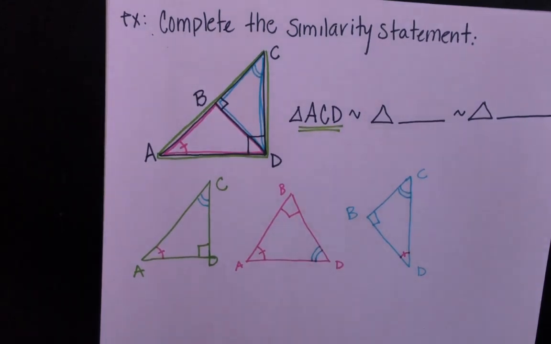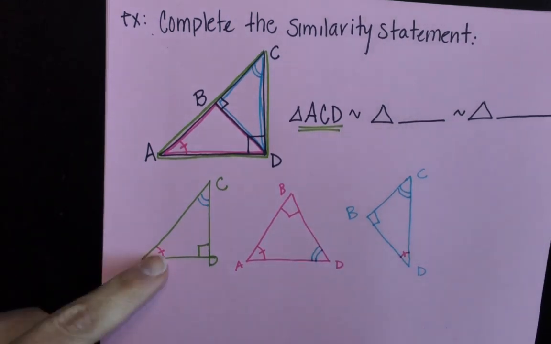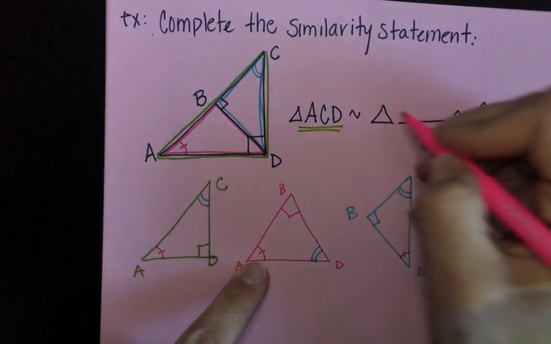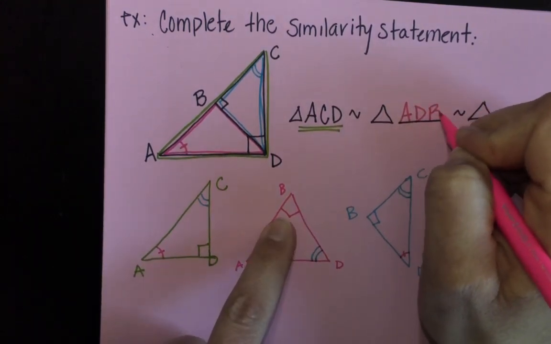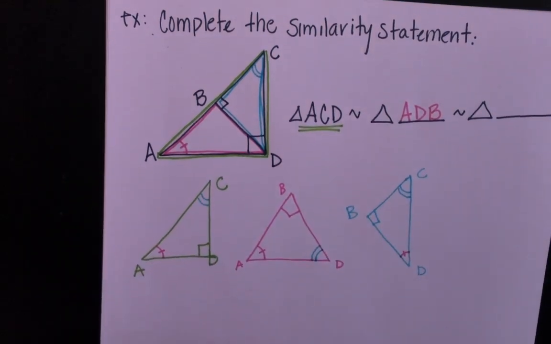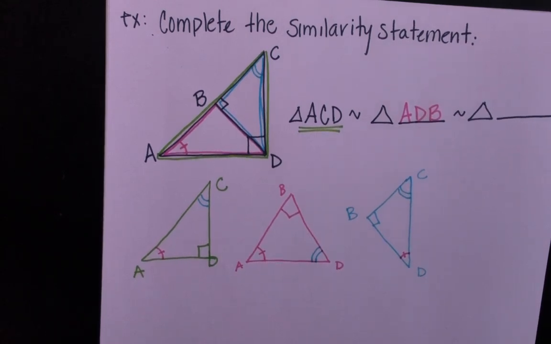So that was my pattern. When I fill in this pink one, I want pink, blue, right. And we're close. We want to be careful not to just match letters.